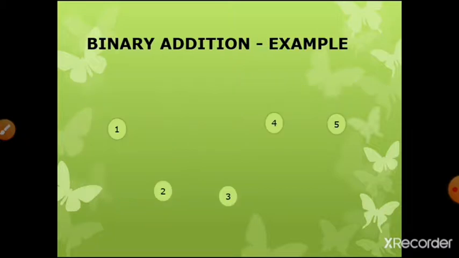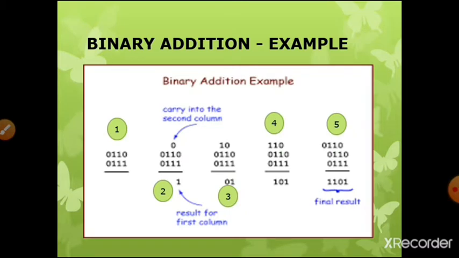Here we go with an example. First we have the two binary values 0110 and 0111. In the second step, we add the least significant bit. Whenever you do binary addition, you have to start from the least significant bit. Adding 0 and 1, you get sum 1 and carry 0. In the third step, you add the second LSB.